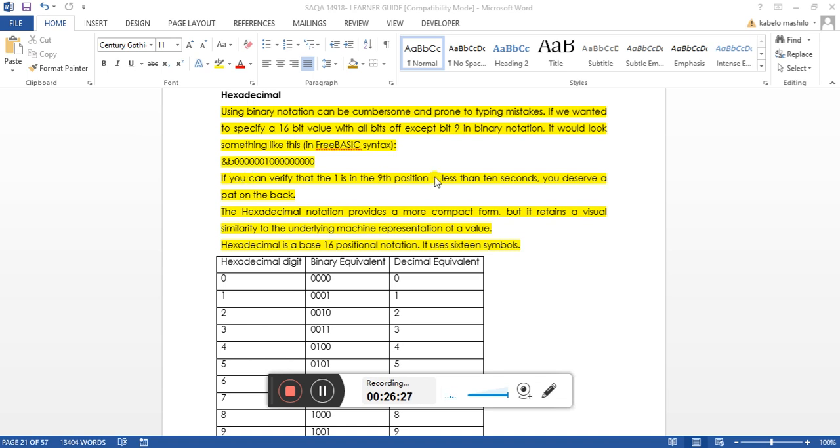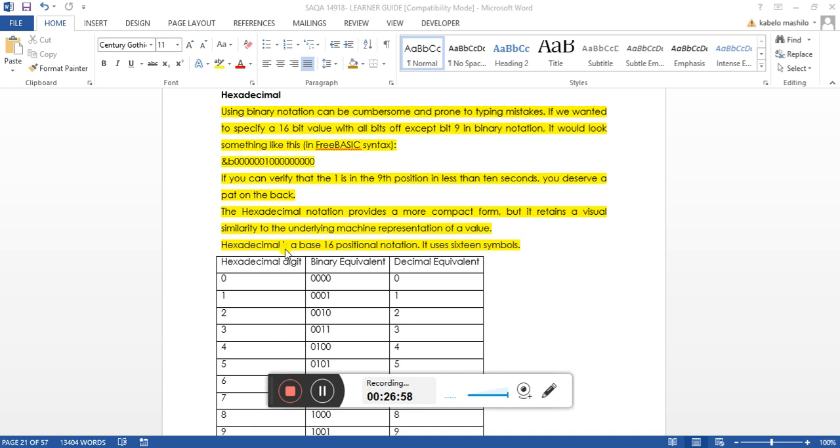In FreeBASIC syntax, bear in mind it's a programming language, it will look like this. If you can verify that the 1 is in the 9th position in less than 10 seconds, you deserve a pat on the back. Like what we have done previously on our slide, we have to check in which position bit 9 is on.